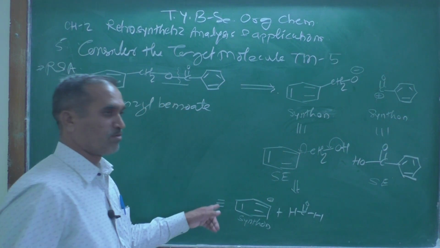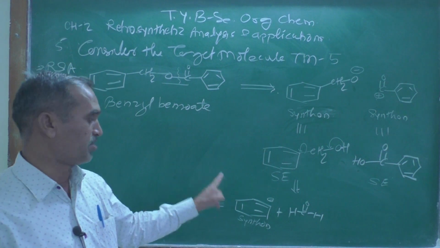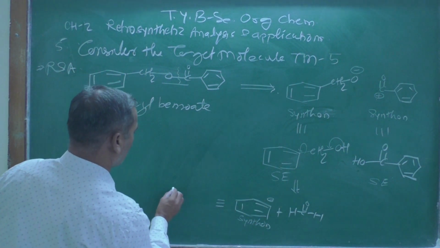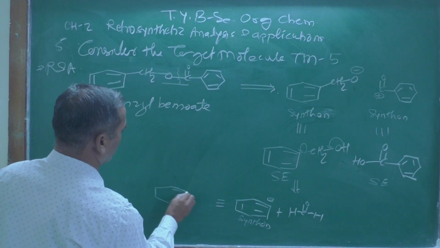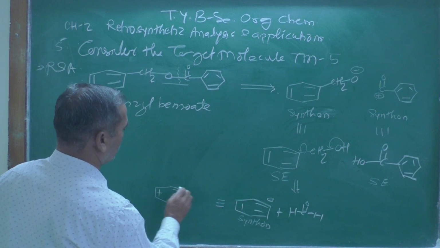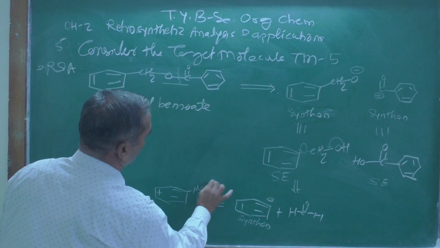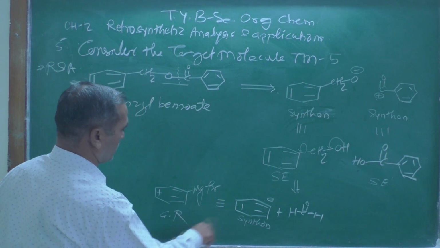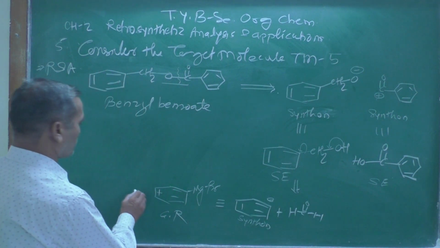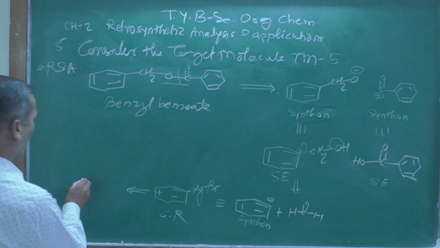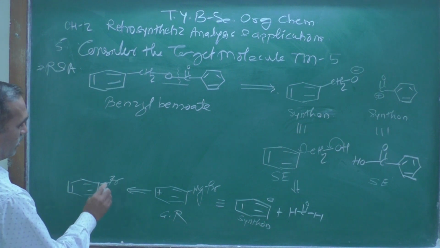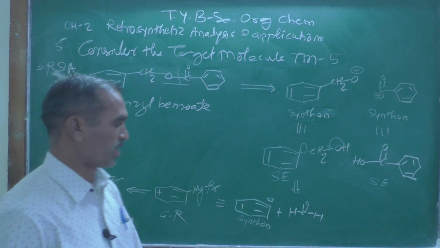To show the synthetic equivalent, you can represent three lines, so that you can get it from that, as we know here is MgBr, which is nothing but a Grignard reagent, and this Grignard reagent can be obtained from the bromo compound like this. This is Br, and you can get it with magnesium metal.